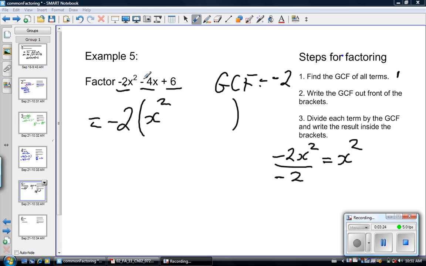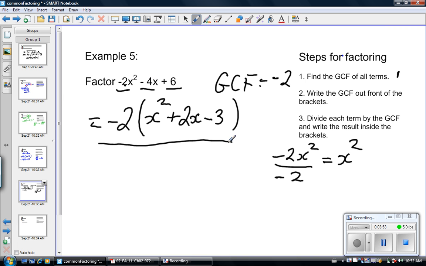Minus 4 divided by minus 2 is going to give us a positive 2, and we don't have an x with the minus 2, so it's going to be an x. And then the last term is positive 6 divided by minus 2, and a positive divided by a negative is going to leave us with a negative, and 6 divided by 2 is 3. So our factored expression has 3 terms in the brackets because we have 3 terms at the beginning. This is our factored expression.